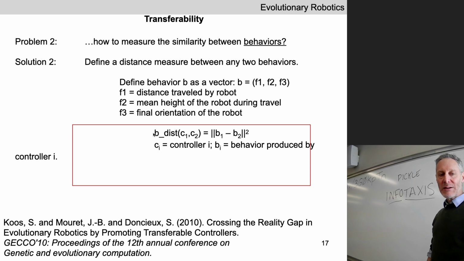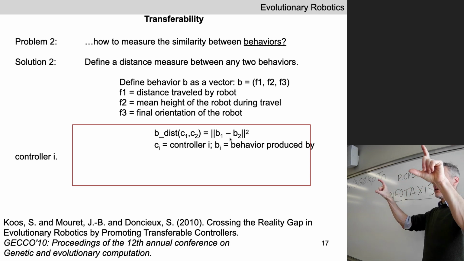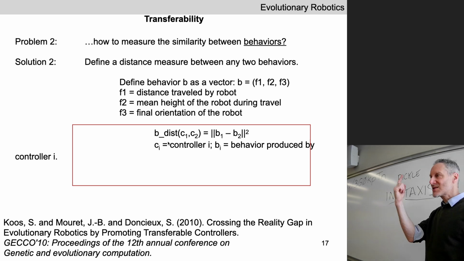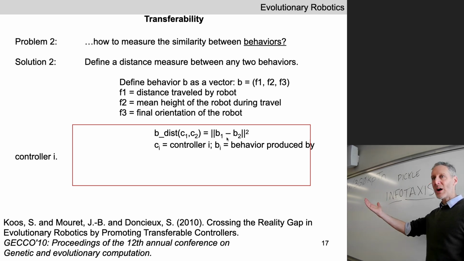We compute the behavioral distance between controller 1 and controller 2 by taking the Euclidean distance between these 2 length-3 vectors. That Euclidean distance gives us back a single floating point value, and that's a distance metric. Distances are always positive.